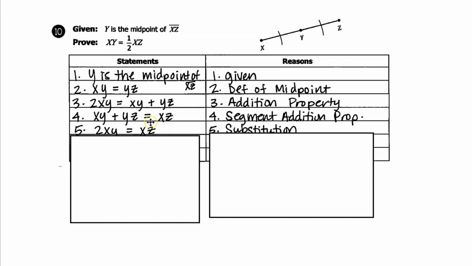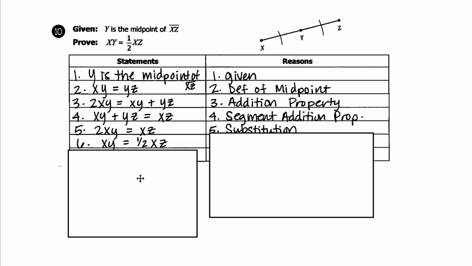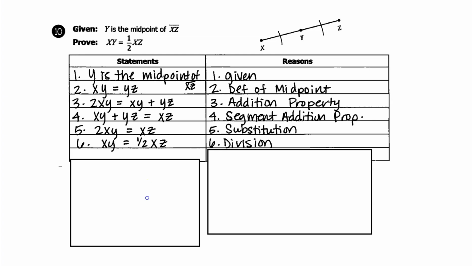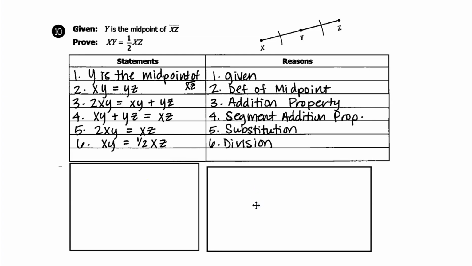We saw right here that 2 XY equals this plus this. So we can take these and substitute them out for this. Then you get XY equals 1/2 of XZ. Well, that's just by dividing by 2, so that would be division. And then we are completed. Right, because this statement matches this statement.